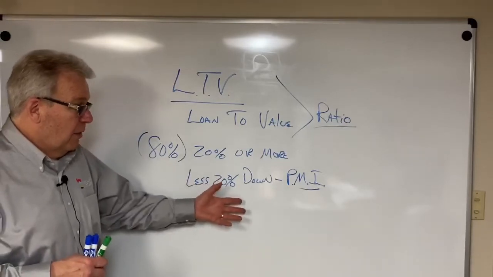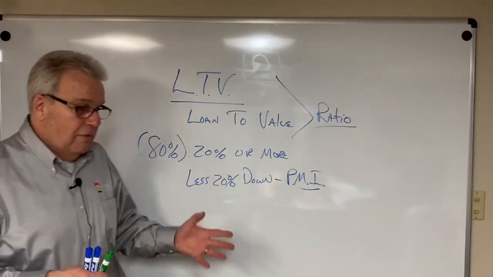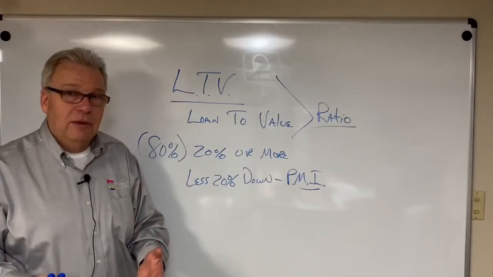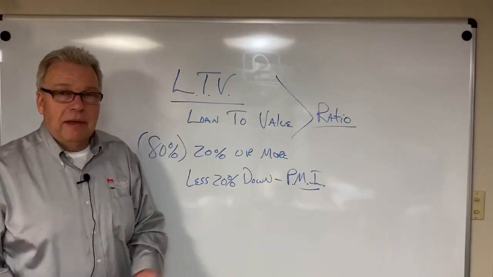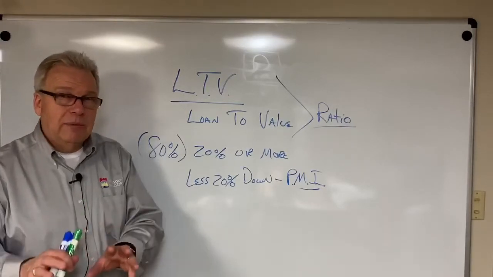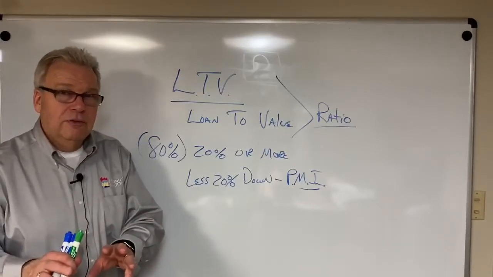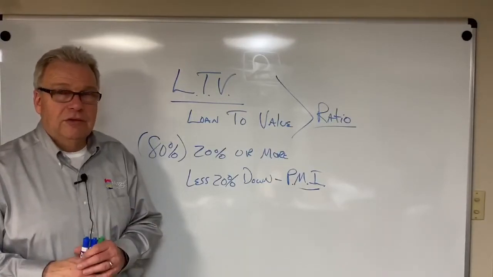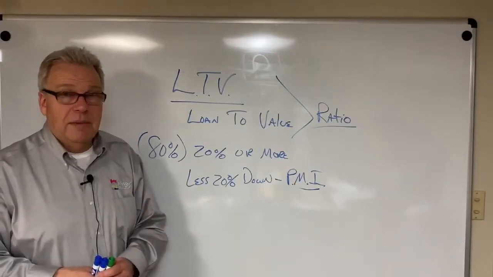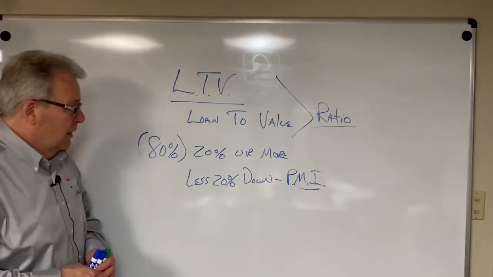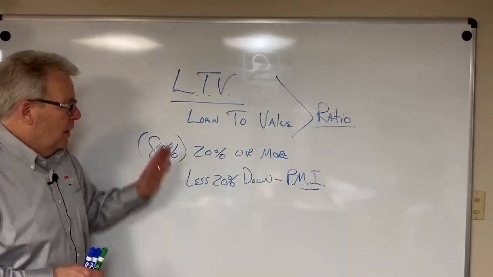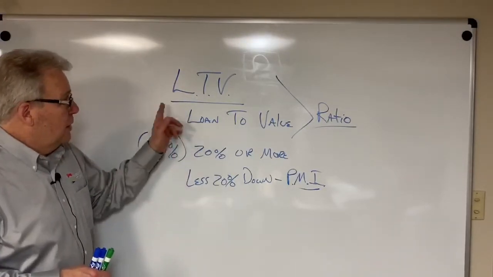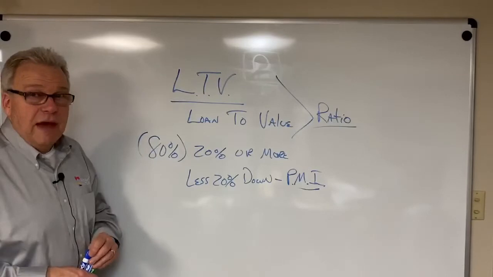The government requires it because the government doesn't want banks to go out and make crazy loans, and we end up like we did in 2008. They dropped a lot of the regulations for lending, and things got a little crazy, and the housing market collapsed, and a lot of banks went out of business. It was kind of a tough time.